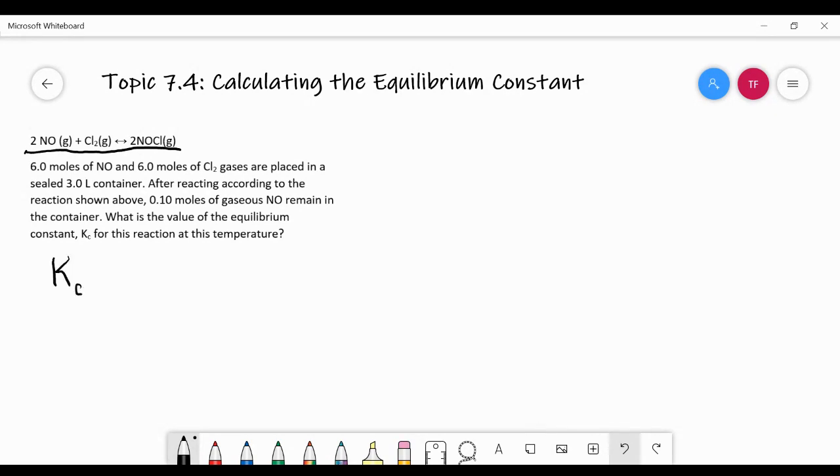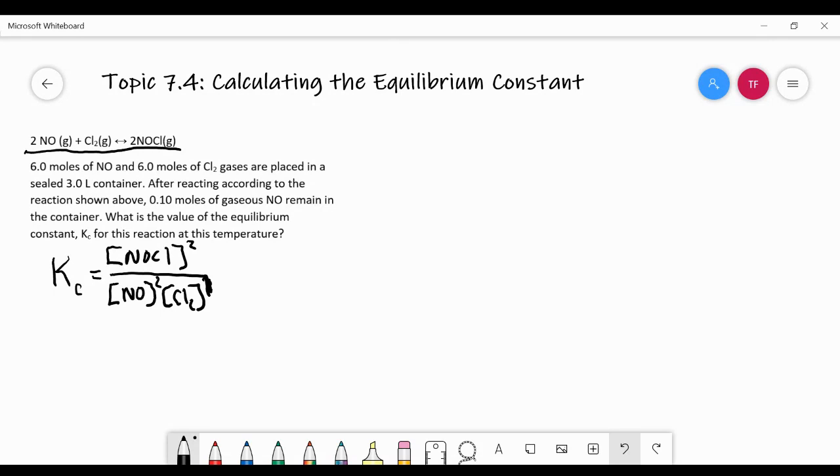So the equilibrium constant in terms of concentration is going to be calculated by taking the concentration of the product and raising it to its coefficient power and dividing by the two reactants. Nitrogen monoxide's concentration raised to its coefficient power times the concentration of chlorine raised to its coefficient power, which is a 1. So our equilibrium constant is the ratio between the products and the reactants.